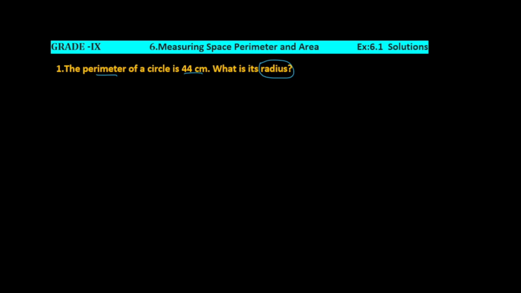So perimeter of the circle, you know very well, perimeter is nothing but the boundary length of the shape. Here a circle is given, no? So the circumference of the circle is nothing but 2 pi r units.